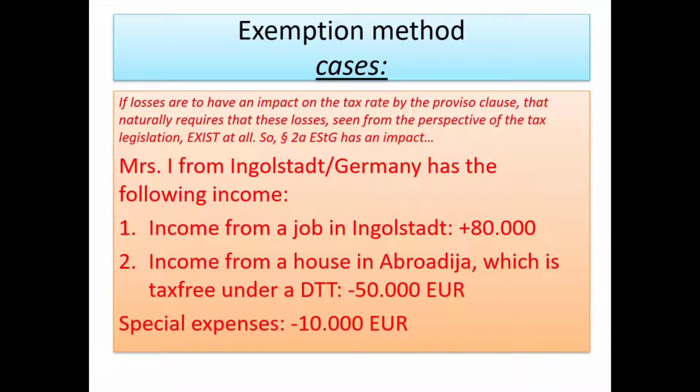So as we already tried to do in the last case, we have, in case of a foreign loss, to check paragraph 2a if that loss exists at all. And so we are going to show what happens if the loss does not exist by this case.